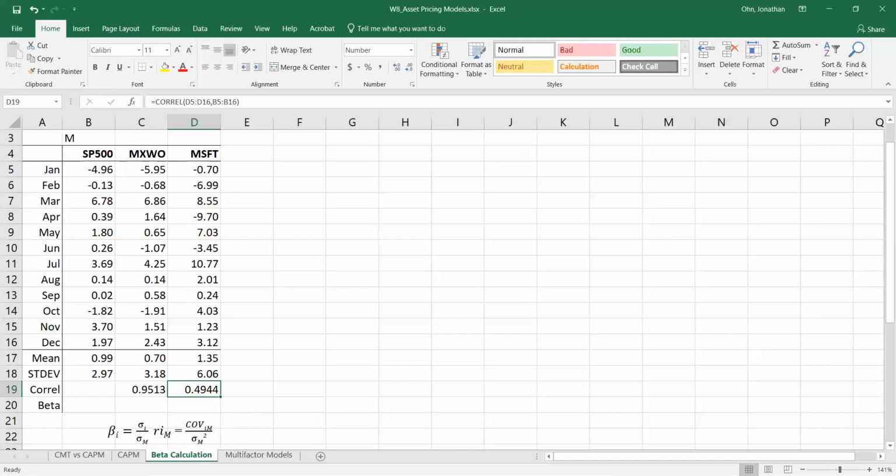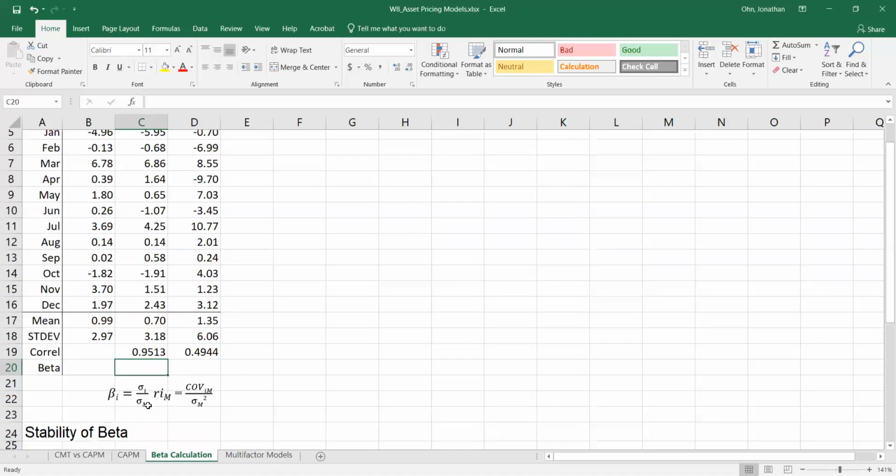Probably this is data from the textbook, from several years ago, because Microsoft's behavior pattern is very similar to the S&P 500 these days, right? All right, so we calculated the correlation coefficient for both stocks.